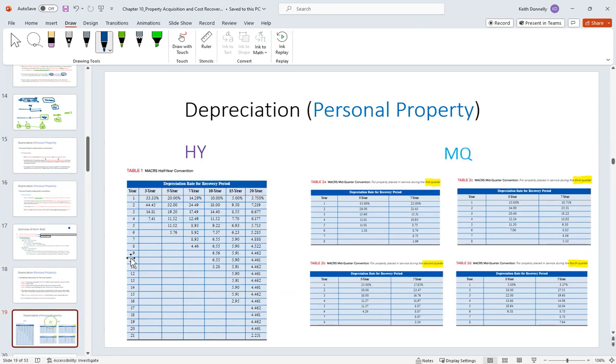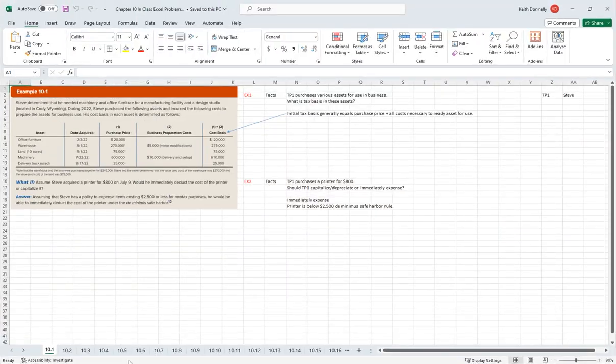What we then do is use the half-year table. Essentially, you ask, is this 3-year property, 5-year, 7? Oh, it's the first year. That gives me the percentage. I multiply it times the asset. So let's look at example 10.4 to show you what's going on here.